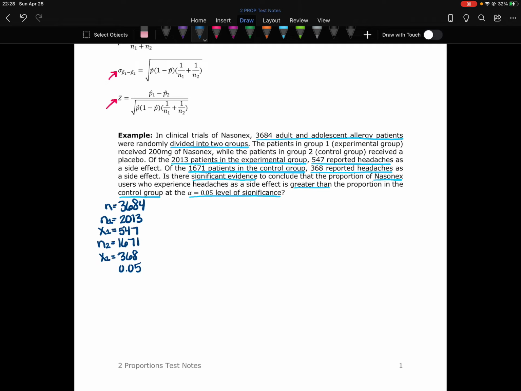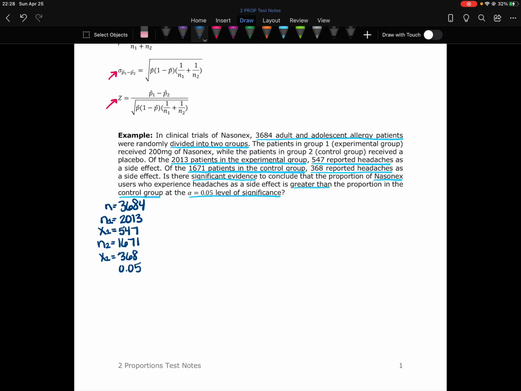So what we need to identify when we're looking at these problems are how many people are in each group, N1 and N2, and then how many people from each of those groups have the trait that we're looking for. And in this case, we're looking for headaches. So I have the number of people in each group and the number of people from those groups that got a headache as a side effect of the medication.